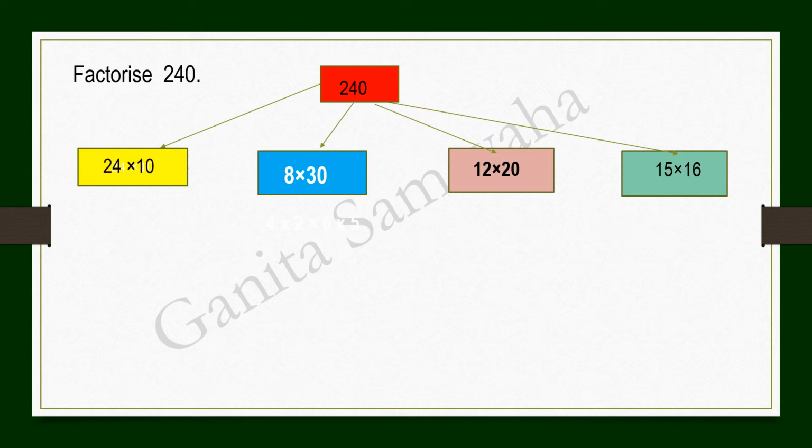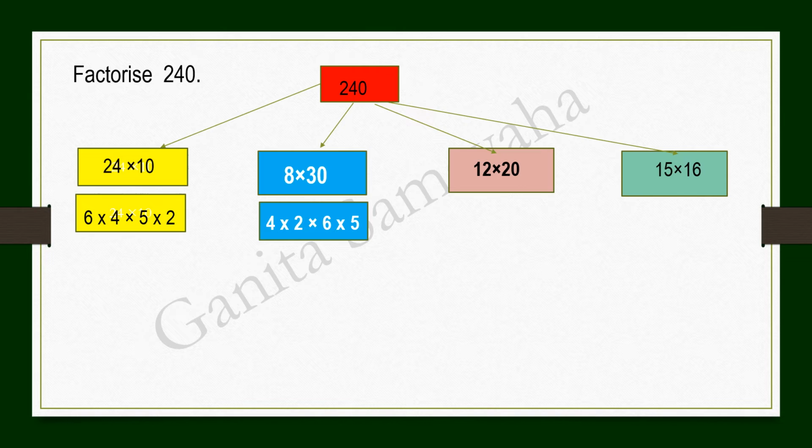Okay, children. But now when you look at these numbers 24, 10, 8, 30, etc., we know that they can be factorized further. So let us factorize each of them further and try to see whether we get the same factors for all the types, or are all of them again different. Okay, so let us proceed. 24 is written as 6 into 4 and 10 is written as 5 into 2.